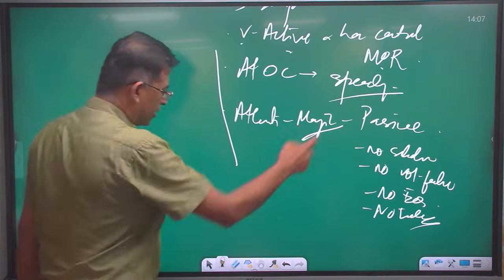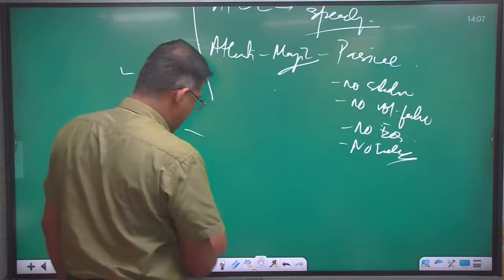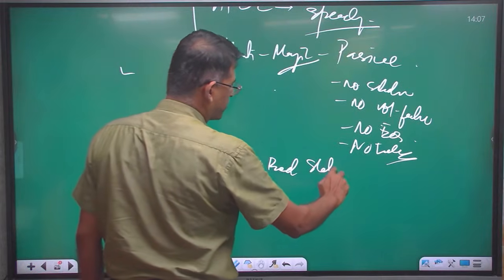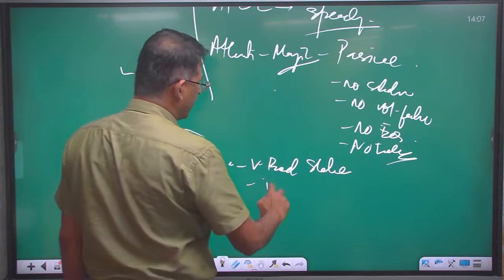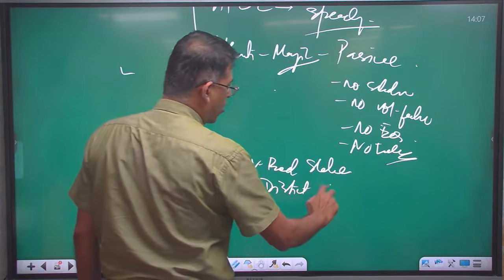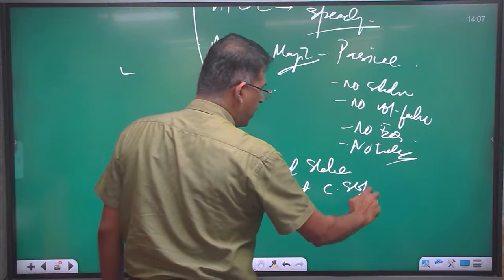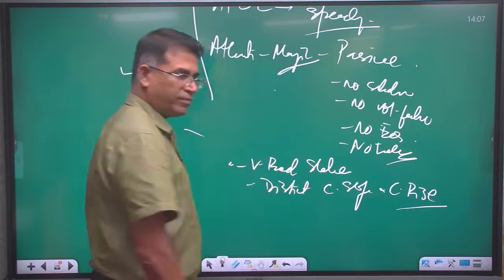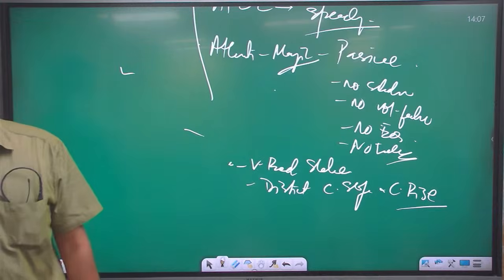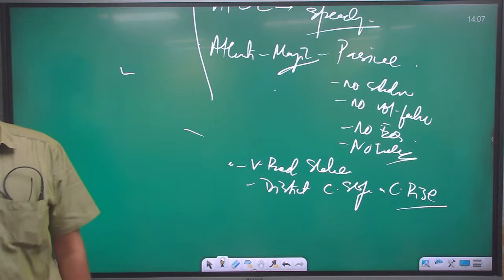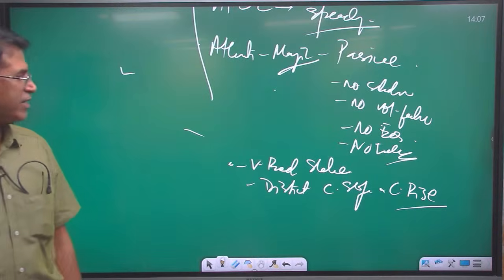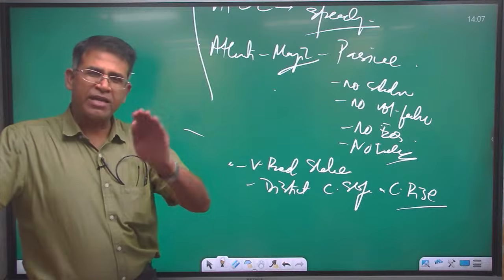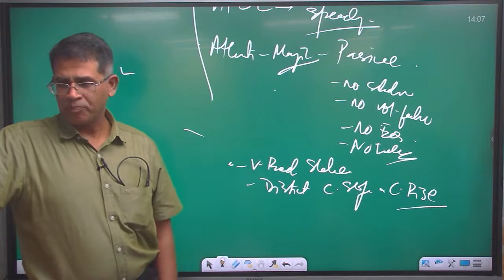So therefore, Atlantic Ocean will have very broad shelves. It will have a distinct continental slope and also continental rise. All three parts are clearly visible in the Atlantic.